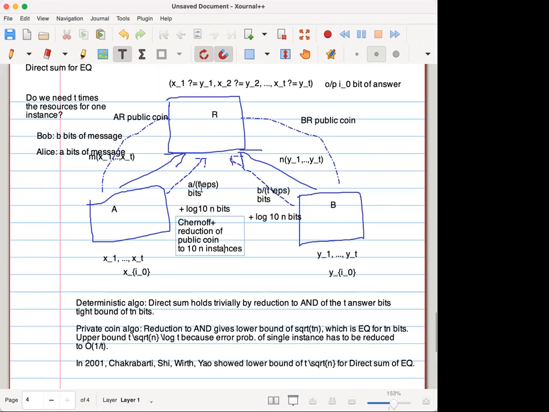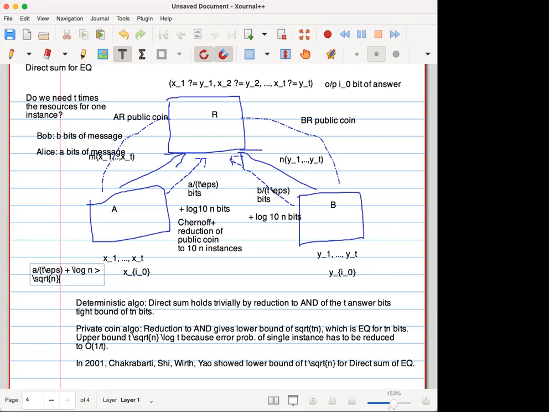And now, what is the bit length? A by T epsilon plus log 10n bits. Okay. Similarly, this. So what have we got? So we know that A by T epsilon plus log n has to be greater than square root n, because we have the lower bound of square root n for private coin protocols for equality.